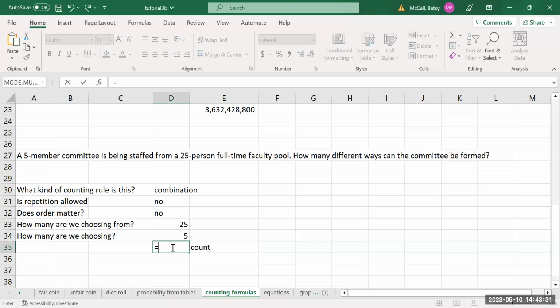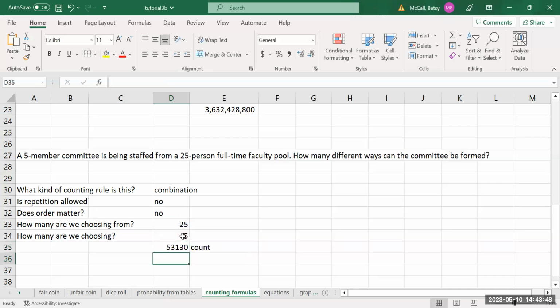And so for our count, again, you just have to start spelling the word combination, and you get combin. It's not the other one, it's combin. And then the number you're choosing from, the bigger one always goes first. And then the second one, the number you're choosing, goes second.